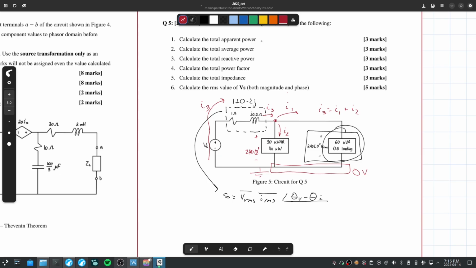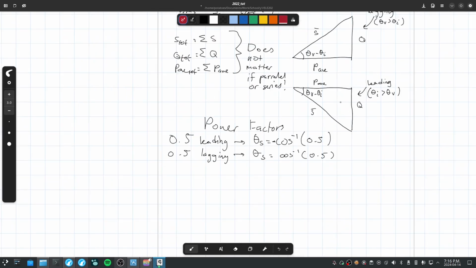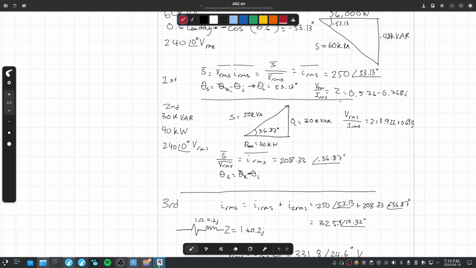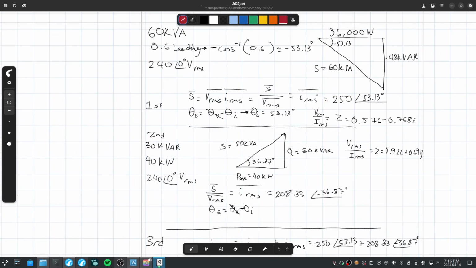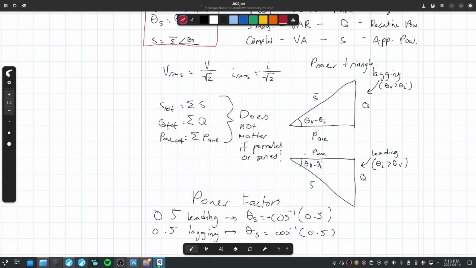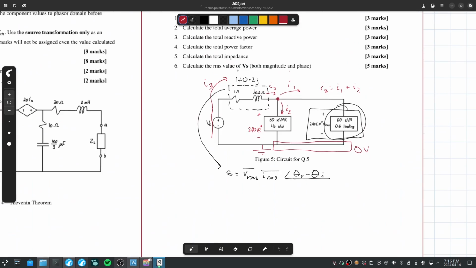Are we given I3? No, we had to find it. We found it using Kirchhoff's current law. You see here, we did that I3 is equal to I1 plus I2. And to find that, we used this here, that S is equal to voltage RMS times I RMS. And using that, we could find the IRMS running through the first and second block. So we found the current running through here, the current running through here, and using Kirchhoff's current law, you could find I3.